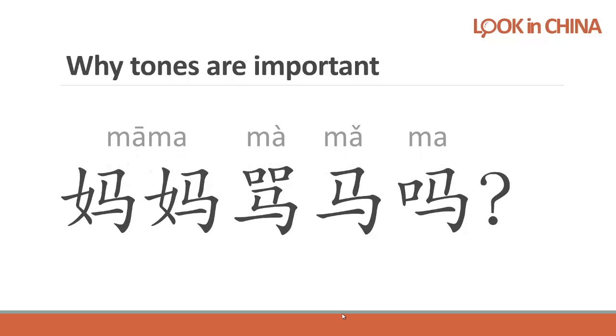And I want you to take a close look at the pinyin. Can you see that the pinyin syllables are all the same? Everything is M-A, M-A, M-A, M-A, M-A. But because the tones are different, we've created words with completely different meanings. So you definitely want to pronounce your tones correctly, or you might inadvertently say something that you didn't mean to.